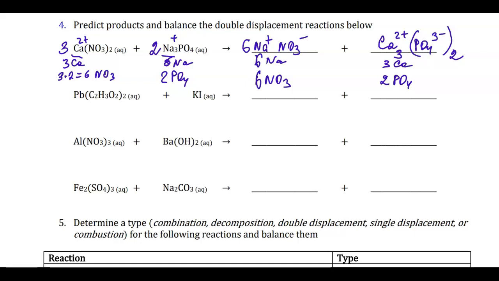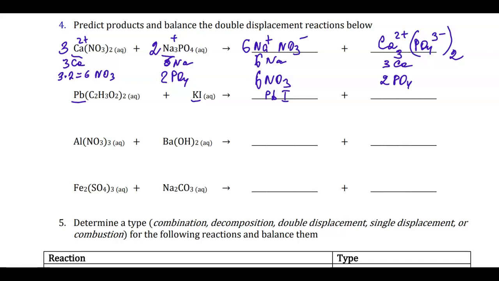The next one, Pb(C2H3O2)2 and KI react with each other, so two compounds, double replacement reaction. So this one goes substituting potassium, so PbI.